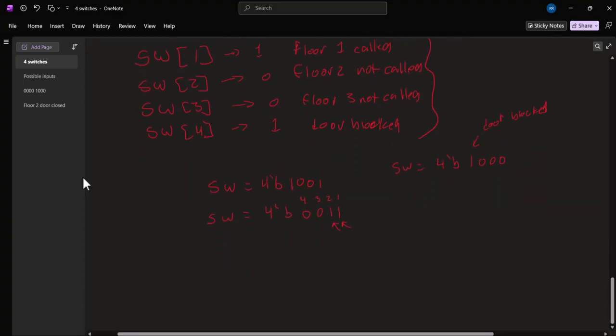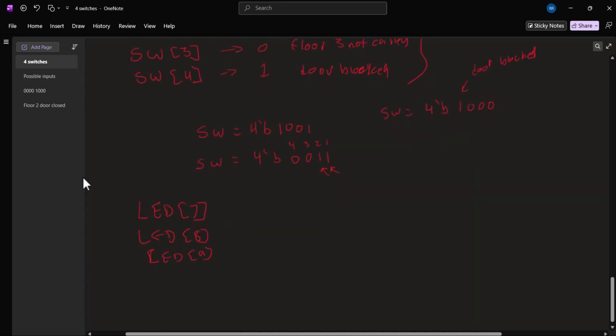Similarly, if I look at LED, I've got LED 7, LED 8, LED 9, and LED 10. Now, only one of 7, 8, or 9 is going to be on at any given time, because this tells you what floor you're on.